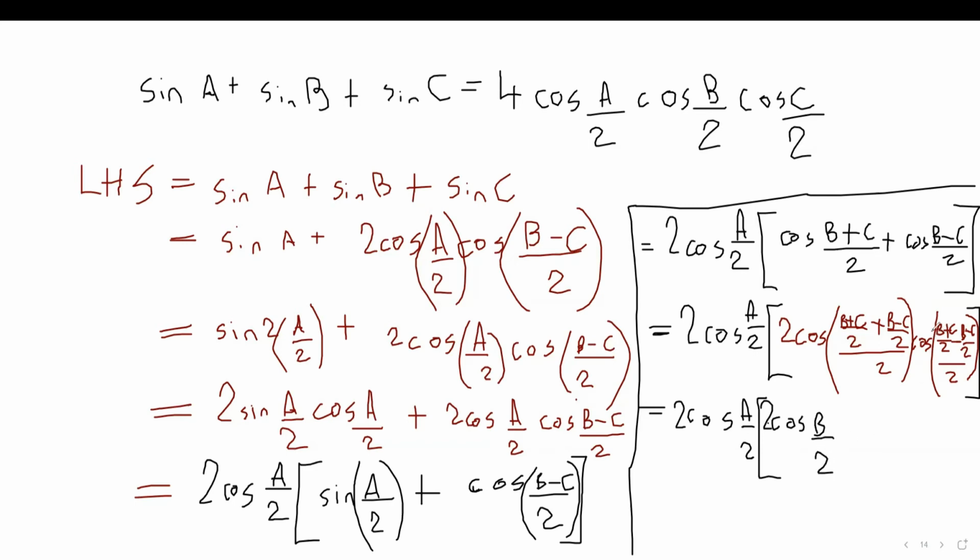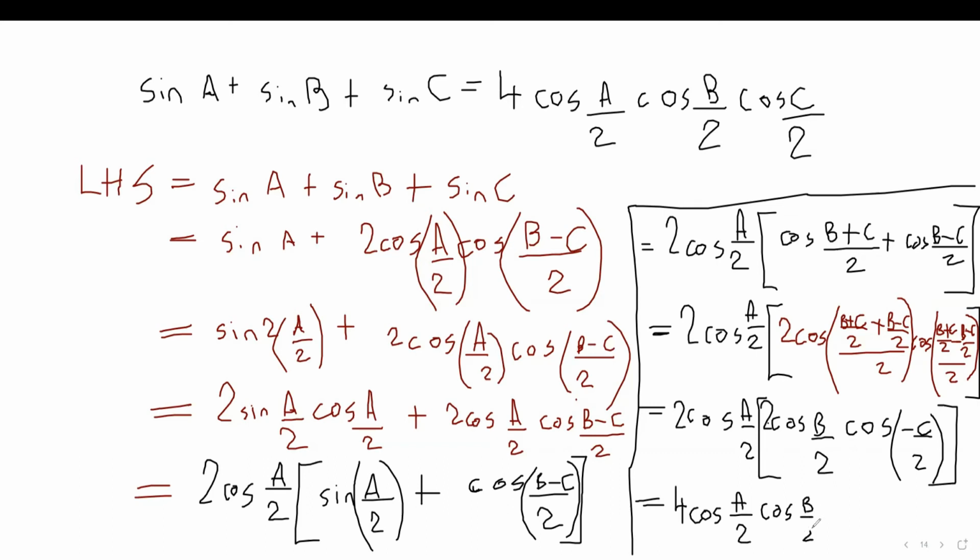Then over here, the c's cancel, by the way. Then this works out to be the cos of minus c over 2. When I simplify it, that's easy. And then this 2 times this 2 is 4. So that equals 4 times the cos of a over 2 times the cos of b over 2.